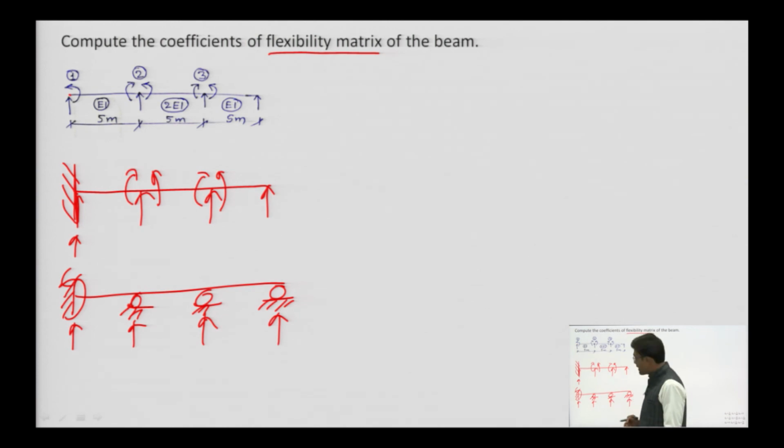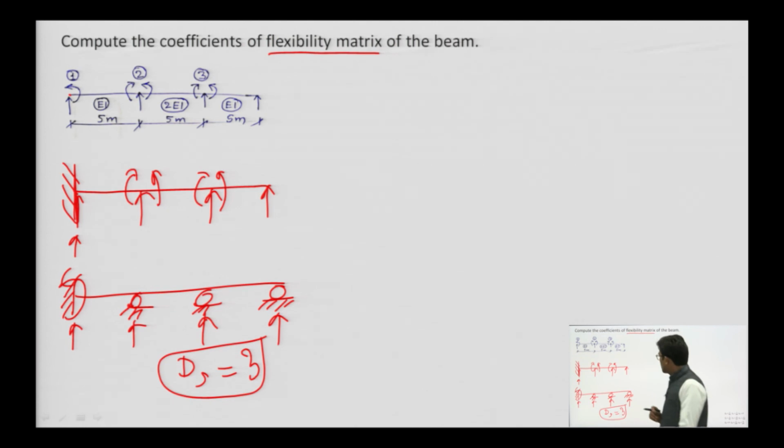If we neglect the horizontal reaction, the static indeterminacy for this beam is 3. So we need to take 3 redundants in this beam to find all support reactions.